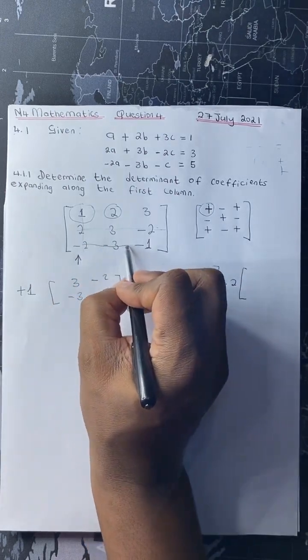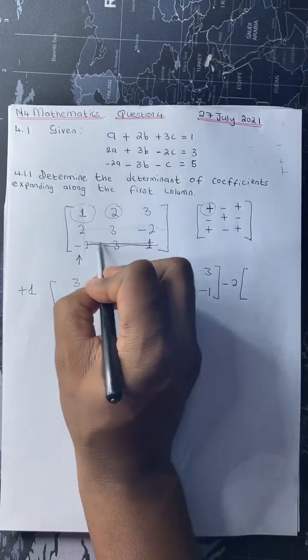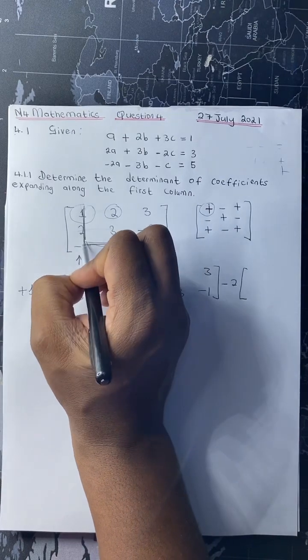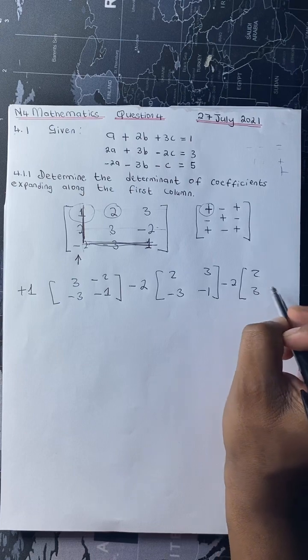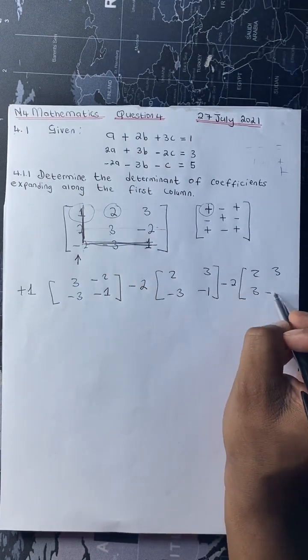And so we are blocking that row and that column. So we are left with 2, 3, 3, and negative 2.